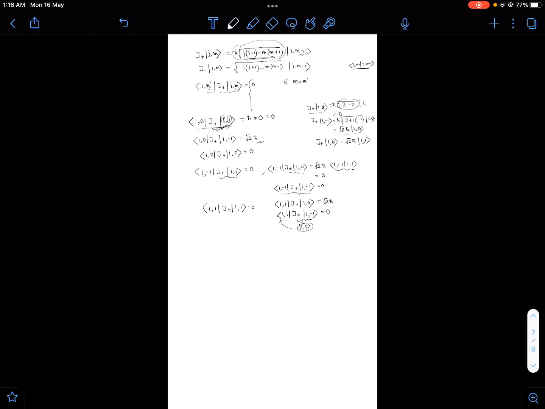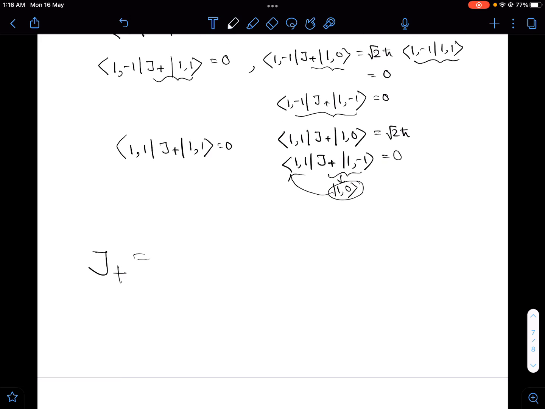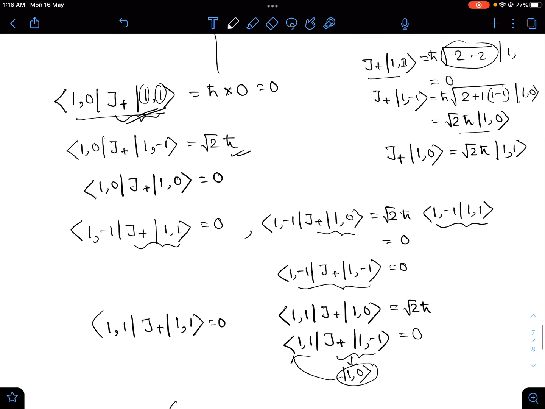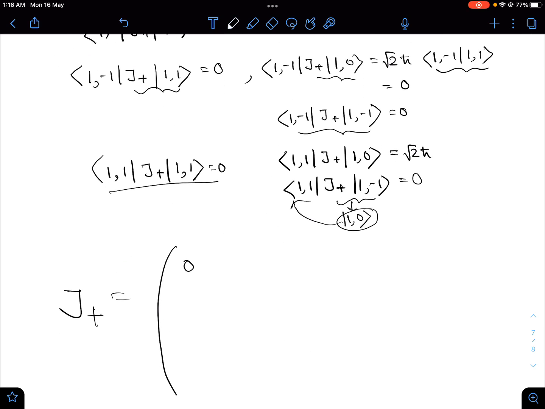So if I want to write the matrix form of J plus, what will be our form? For the first row, the first term we are getting 0, then this term we are getting as root 2 ħ, and this term is 0.